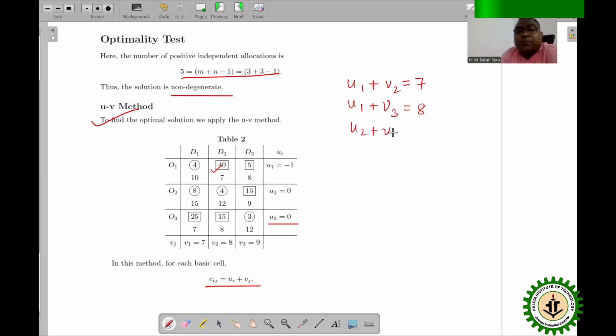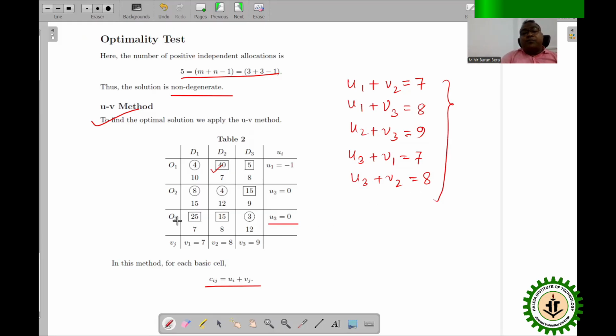U2 plus V3 equals 9. U3 plus V1 equals 7. And U3 plus V2 equals 8. So these are the 5 equations you are getting.